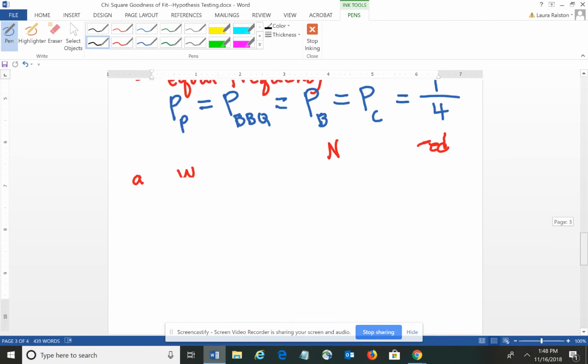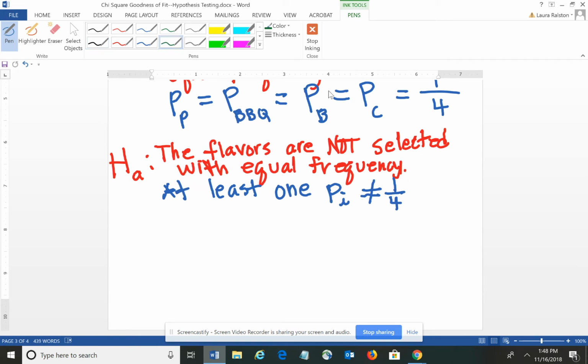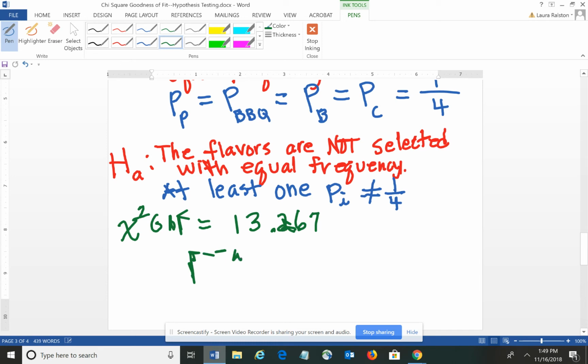My chi-square goodness of fit test statistic equals 13.267, and the p-value is 0.00409.